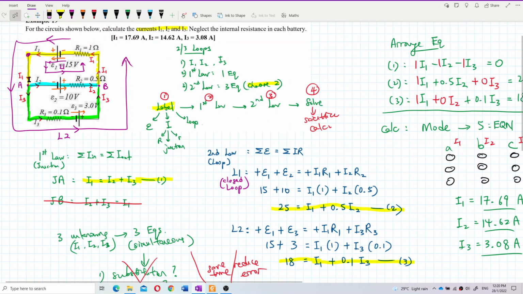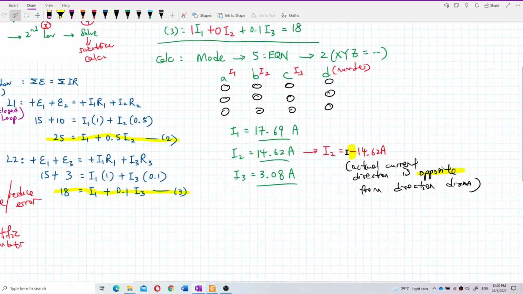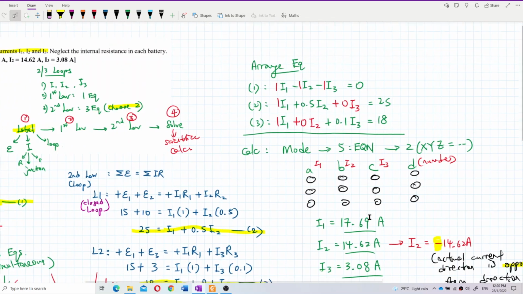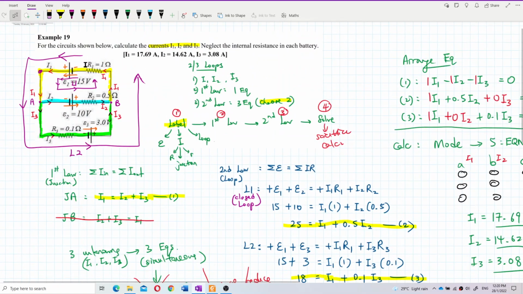The actual current direction is the one I draw: I1 is going this way, I2 is going this way, I3 is going this way.